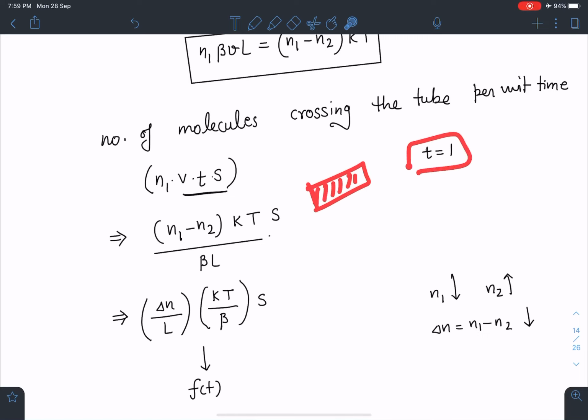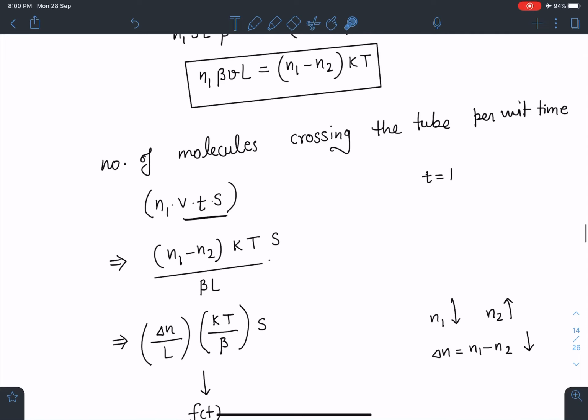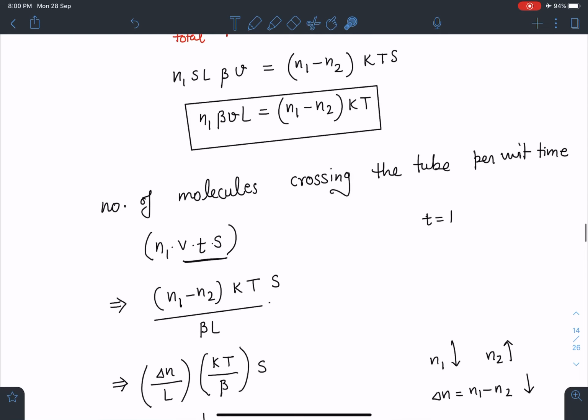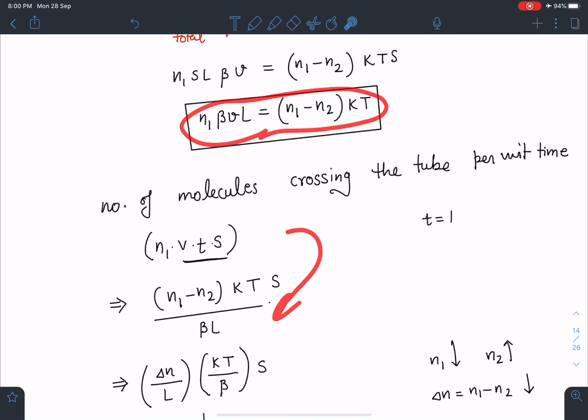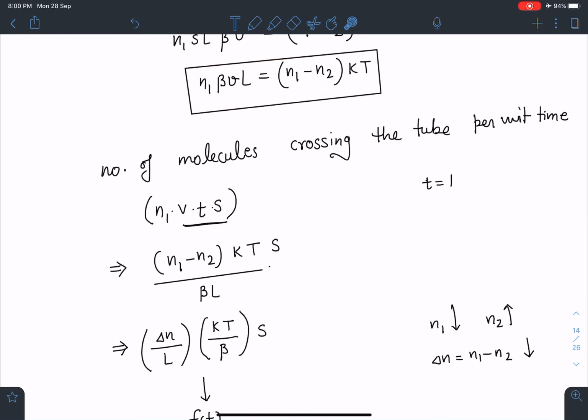Let's take t equal to 1, so it will become V into S. Now I am substituting this value NVS from this expression here. When I bring it to this point, I am going to get (N1 minus N2) KTS by beta L, which they have written in this form, delta N by L into KT by beta into S.